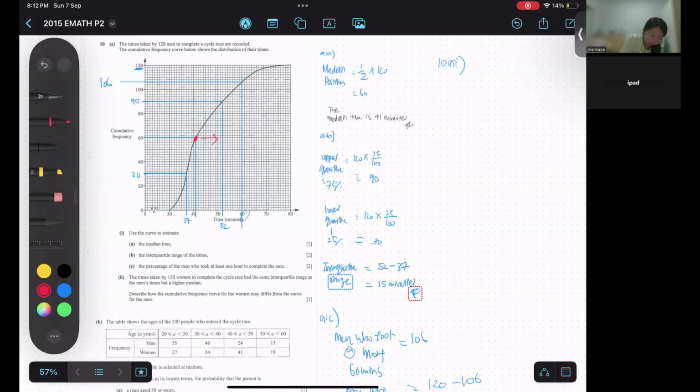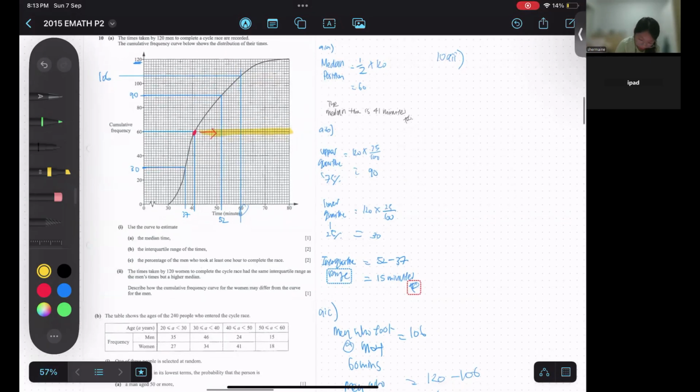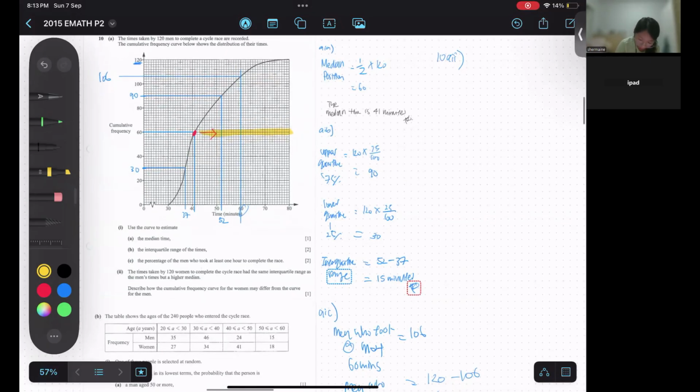So for the women, represented in green, it will be somewhere along this line. Let me type it. It'll still be along this line, okay? The interquartile range of the times would still be the same at 15 minutes.